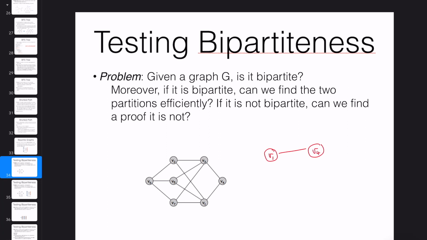So V4, V2, V5, and V7. And from V5, I have a connection to V3 and V6. So definitely V3 and V6 should be in the other set.